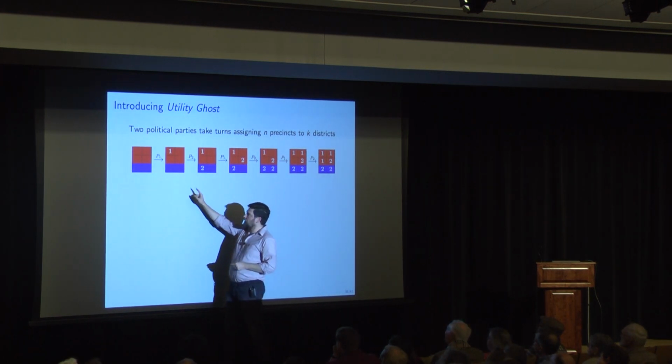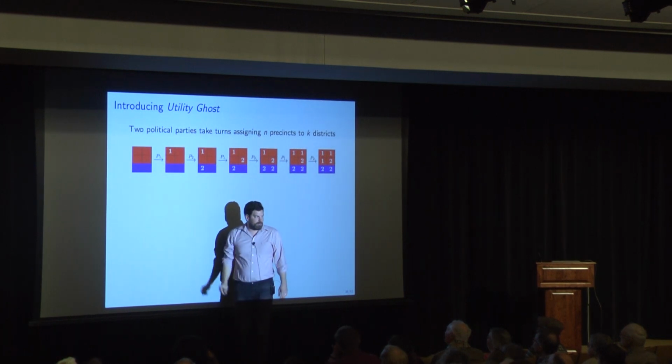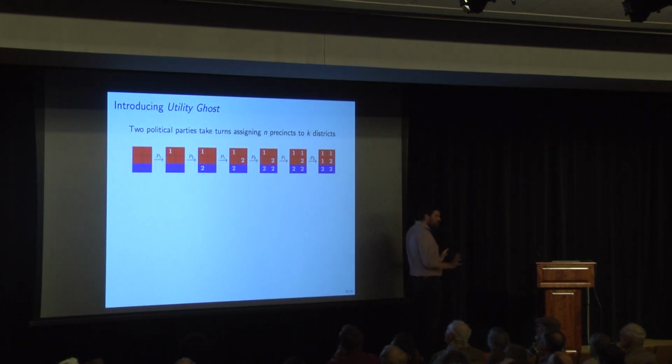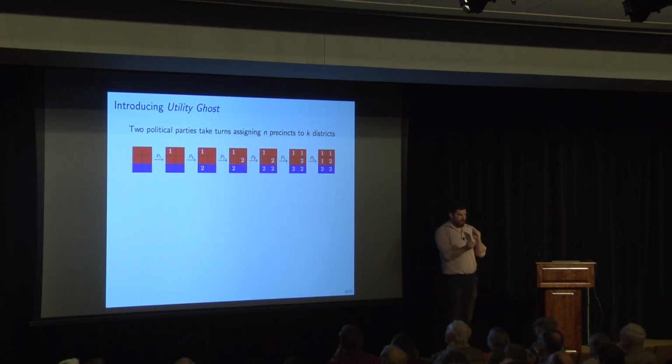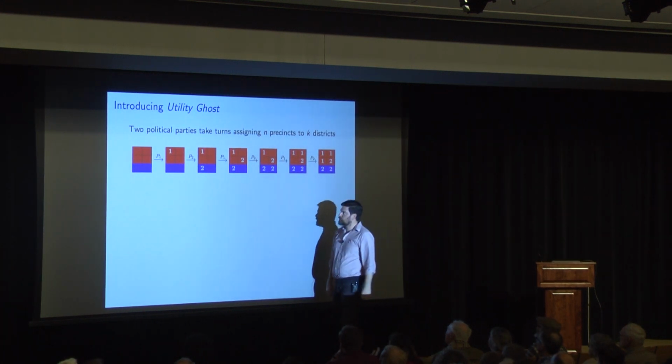Second player responds by sending the bottom left precinct to the second voting district. In the end, we're told that there's going to be 2 voting districts. So each of them has determined that one precinct is in the first one, another one's in the second one. We don't know what the rest of the map looks like just yet.